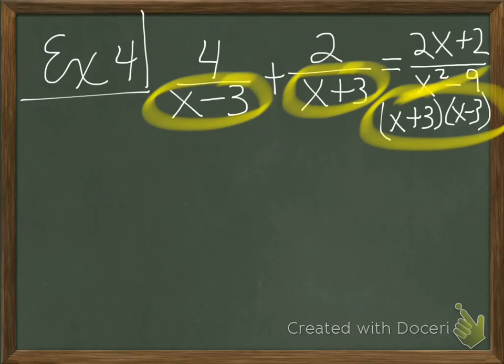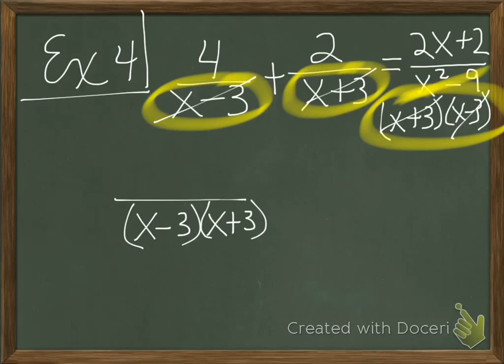So I have x minus 3 in two different places, so I'm just going to write it once. I have x plus 3 in two different places, so I'm just going to write it once. And then that's the denominator for all of the parts of my problem.